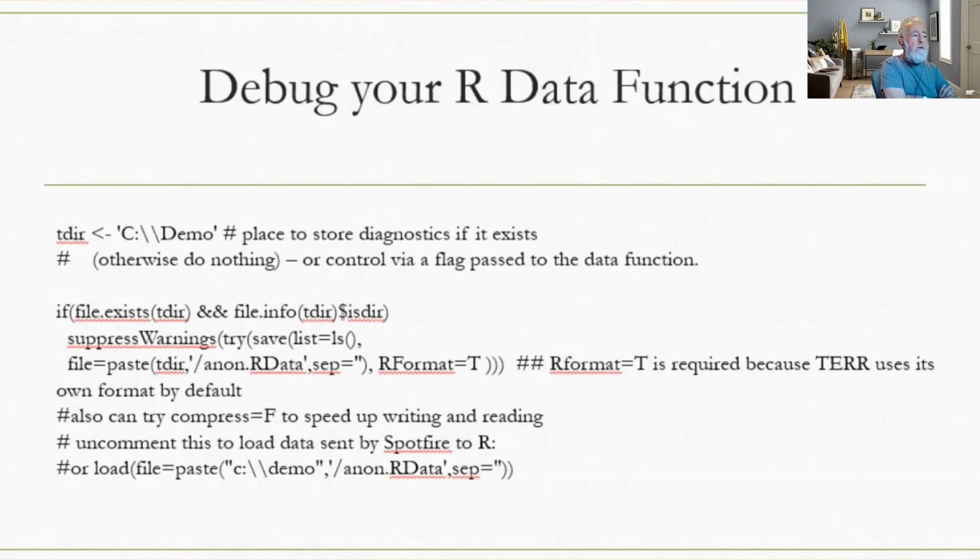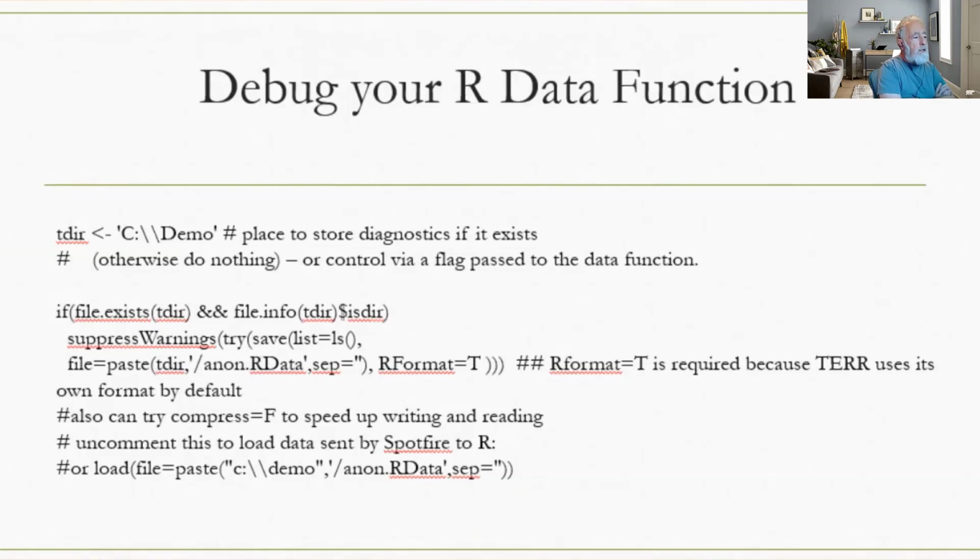And so the purpose of this snippet of code, I have this in just about every data function that I work with. I can't do without it. And it is very similar to the pickling thing in Python, but this is R-centric for those of you who are using R. Now, the code here is just a demo. You can customize it for yourself.